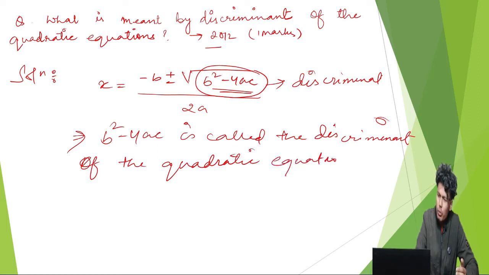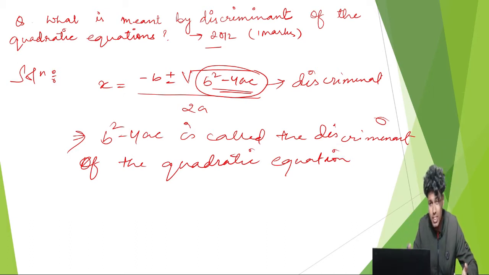If you are not clear, just keep watching, you'll be clear soon. It won't be that difficult for you to understand. So this is a simple question giving 1 mark in 2012.